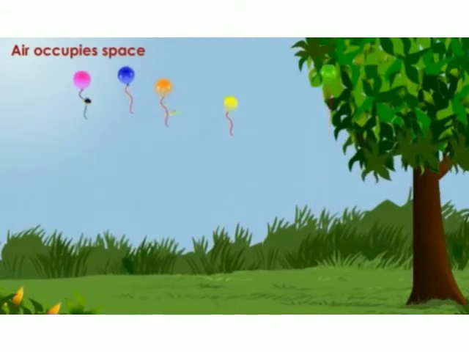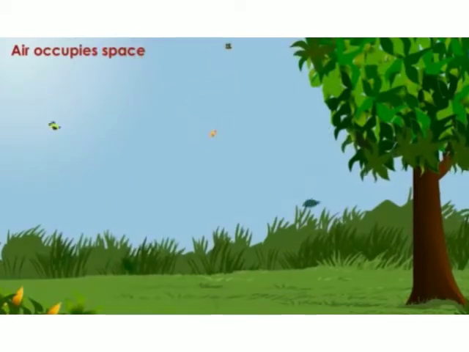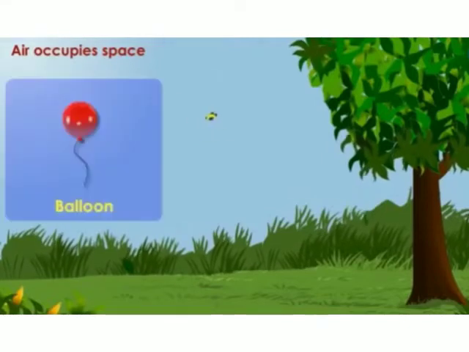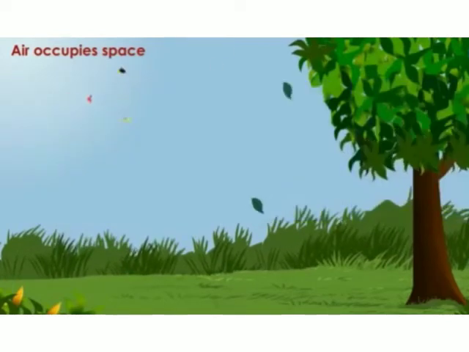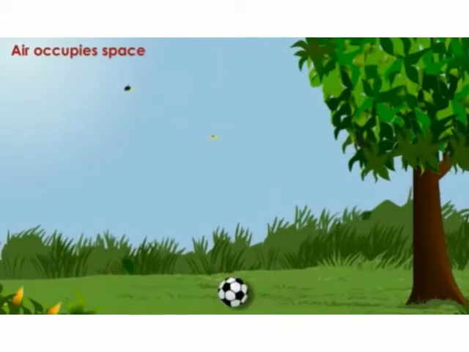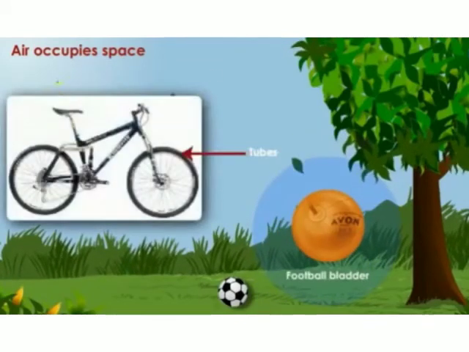We cannot see air, but we can feel it. Air can be filled into things like balloons, tires, mattresses, etc. It is also because air occupies space that the football bladder and tubes in cars and bicycles can be inflated.